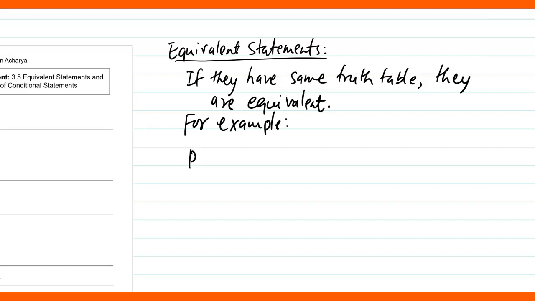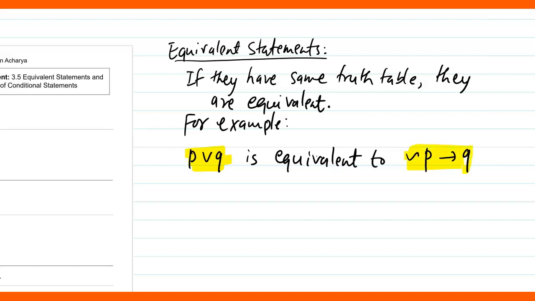For example, P or Q is equivalent to not P right arrow Q. Notice that this statement here, P or Q, is equivalent to not P right arrow Q. This is the disjunction, this is the conditional, but they are equivalent.